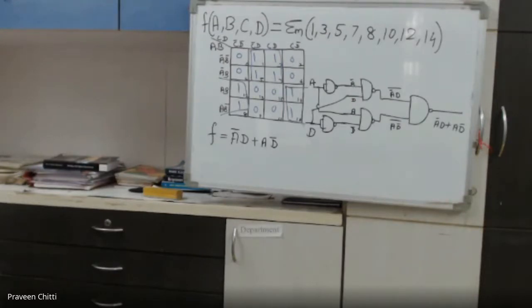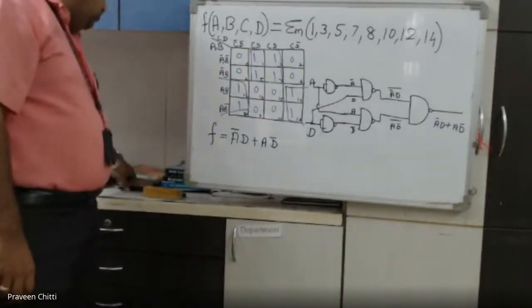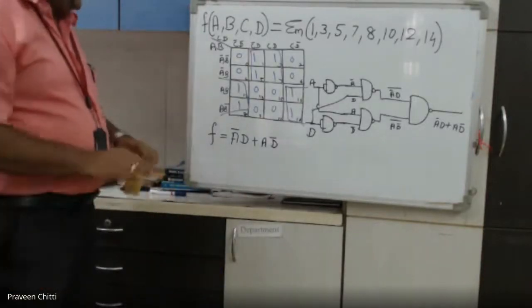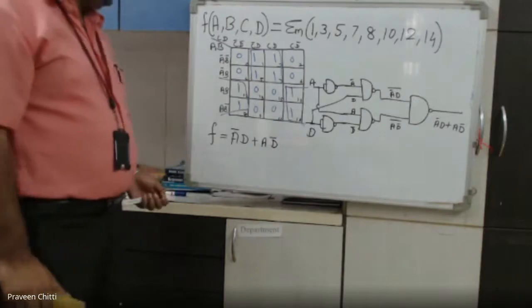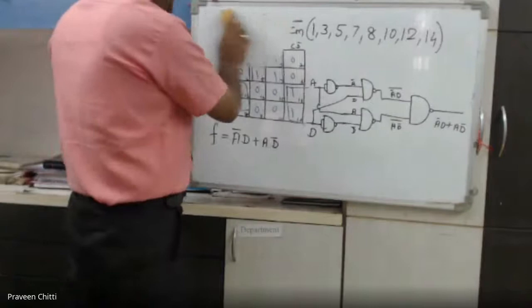Simplify the following Boolean expression using K-map and draw the logic circuit using only NAND gates.